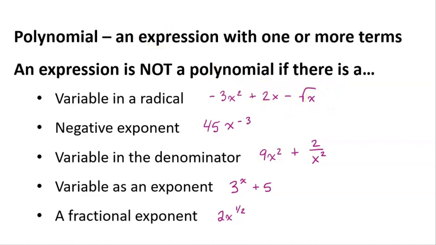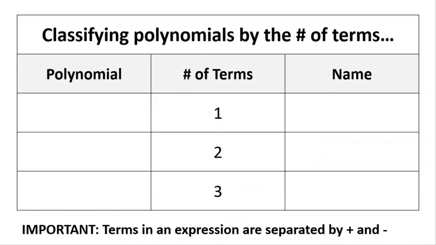All right, let's move on into how we classify polynomials by the number of terms. So first you need to know what terms are. And so terms in an expression are separated by the addition and the subtraction signs. So when we are thinking about only having one term, that could be something like 2x.